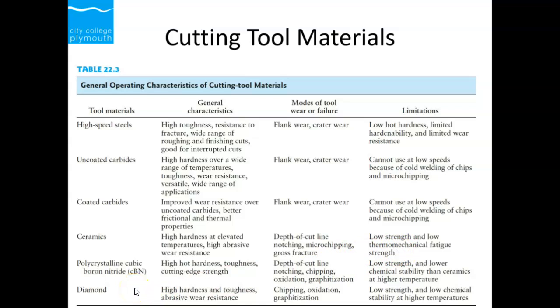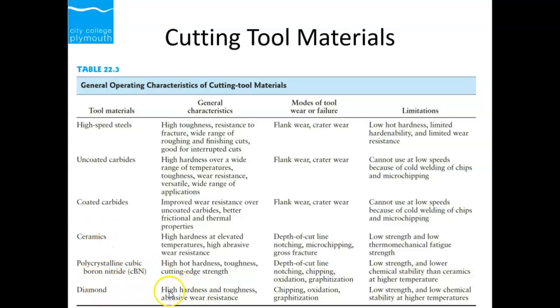BN, boron nitride, or cubic boron nitride. They have very high hot hardness and toughness. If we want to achieve the maximum depth in a single pass, we use these. Now, they have less chemical stability at high temperature as compared to ceramics.